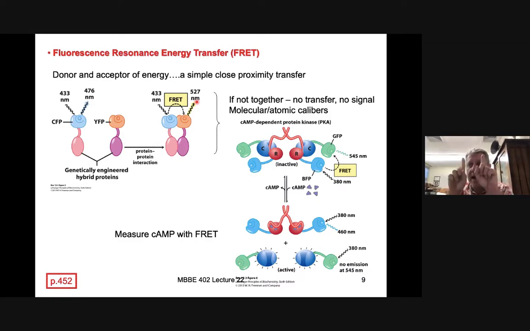Because if the other part of the transmembrane protein has the other FP, fluorescent protein, they're not going to be in close proximity because they're in different orientations. You're only going to get fluorescence if it's on the outside of the cell, because the UV light is not going to penetrate through the lipids and stimulate the BFPs, GFPs, or whatever on the inside of the cell. It's only on the outside.